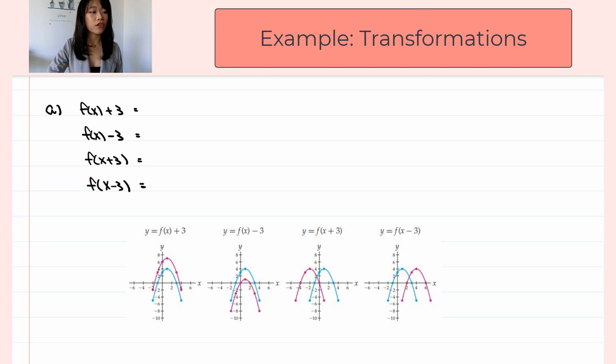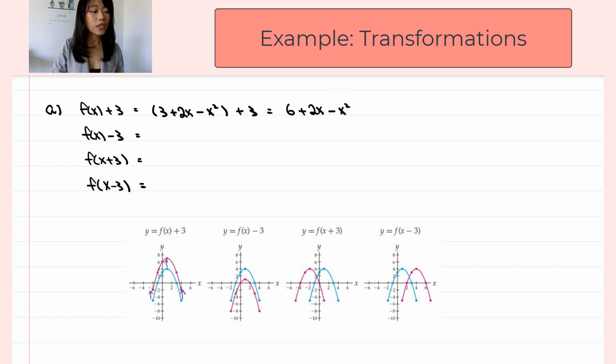Now let's find the equation of each of the functions. The first one, f of x plus 3. f of x is 3 plus 2x minus x squared, and we add 3. So the function is 6 plus 2x minus x squared. If we substitute the 5 points given in the problem, you'll find that their y values all move up by 3 units.